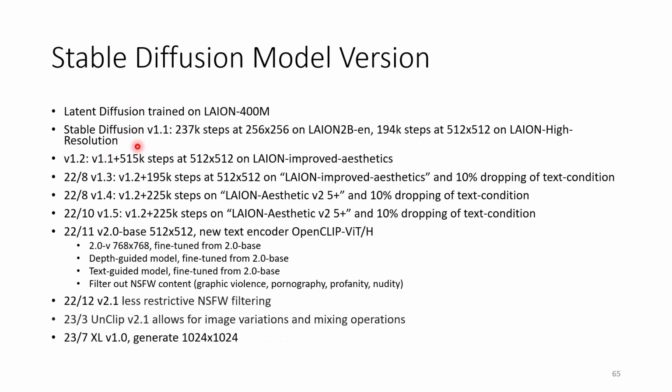Stable diffusion is based on CLIP, but the latent diffusion is based on the text encoder trained by themselves using, I forgot the version, LAION 200 or LAION 80 or LAION 800 million, forgot.